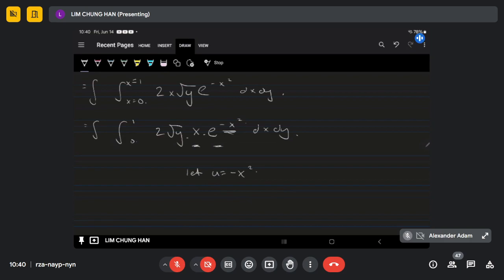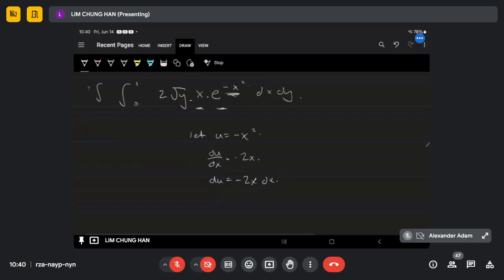I'm going to let u equal minus x squared. So du/dx, differentiate, you get negative 2x. Okay, then I can rearrange this to get this, and rearrange further to get x dx.